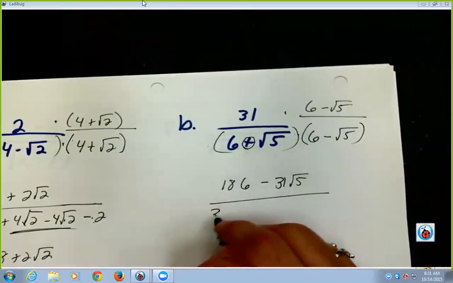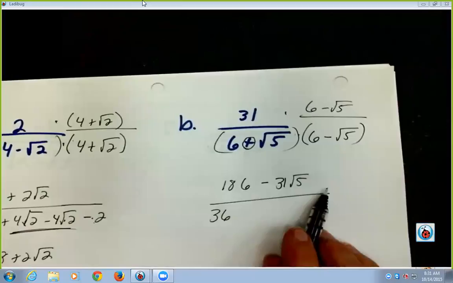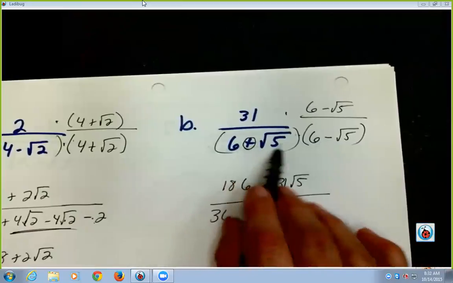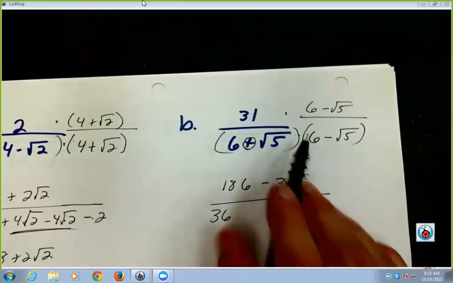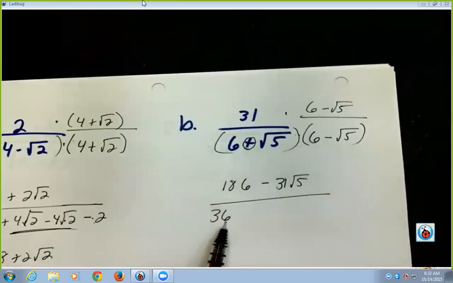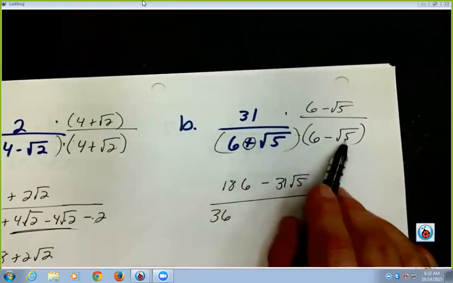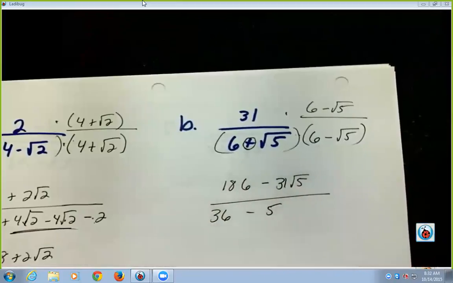And in the bottom, 6 times 6 is 36. Do I need to go through and do all the middles? What do you guys think? I need to go through and do this piece and that piece. They're going to go away. So basically, 6 times 6 is 36. The square root of 5 times the negative square root of 5 is a negative 5.